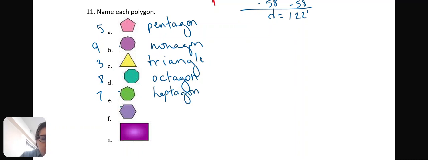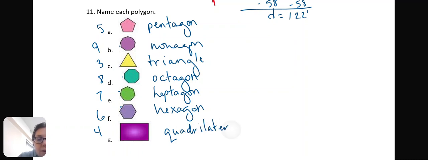This one has 1, 2, 3, 4, 5, 6 sides, so it's a hexagon. This one has 4 sides, and we're being very generic. Anything that has 4 sides is a quadrilateral. So if you've ever driven or ridden in a quad, just think it has 4 tires. So a 4-sided shape is a quadrilateral.